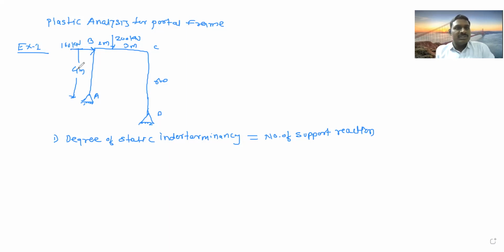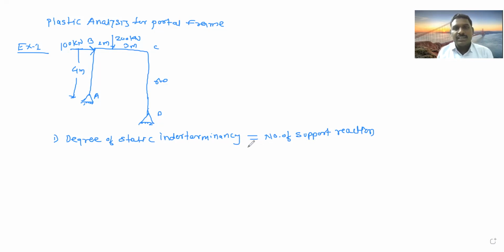So you can show the 100 kilonewton horizontal load at B, and the 200 kilonewton load on the BC span. So we have to calculate the degree of static indeterminacy.